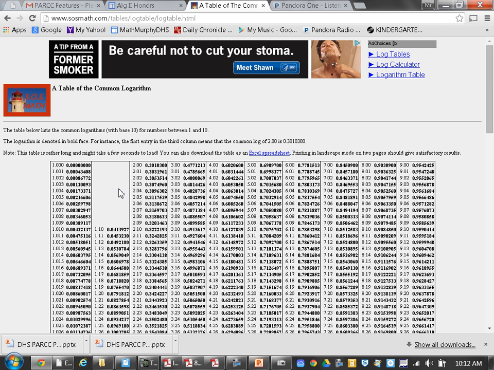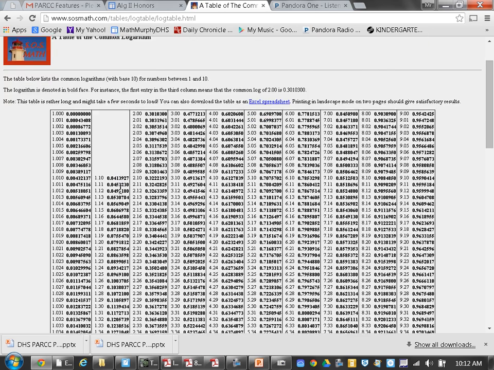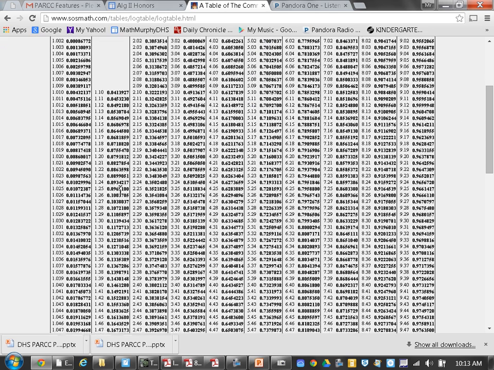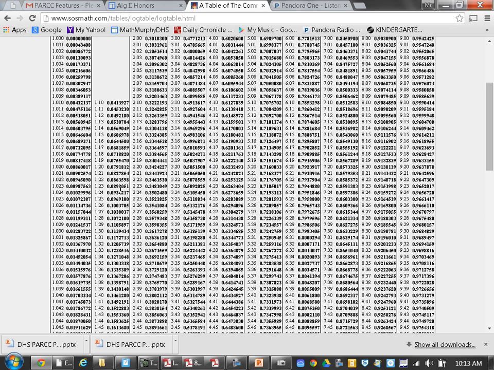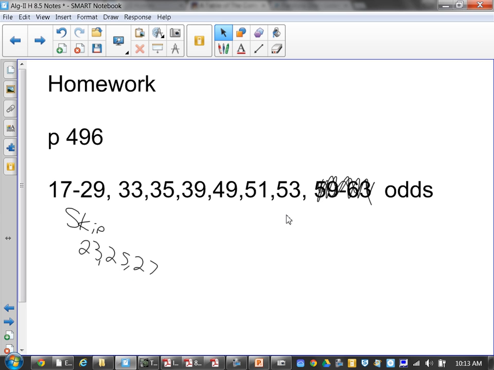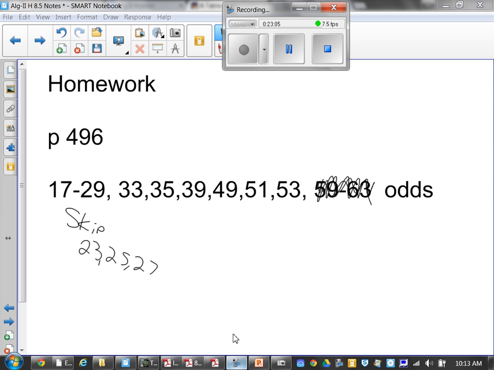There's a log table. So here's all your logarithms for base 10 numbers. And then you'd have to use change of base and do all this multiplying and dividing by decimals. It's awesome. Good luck with that.